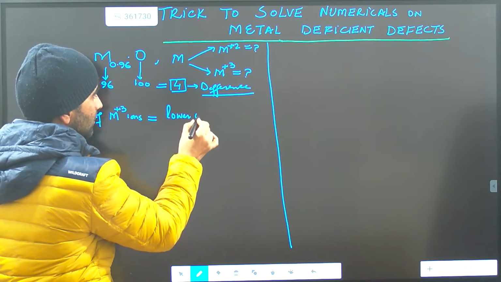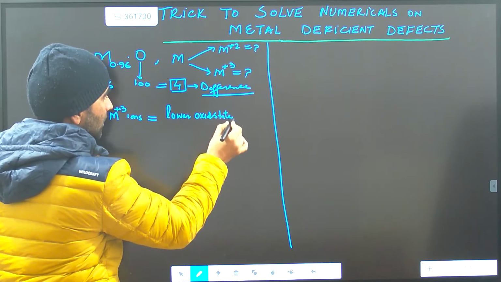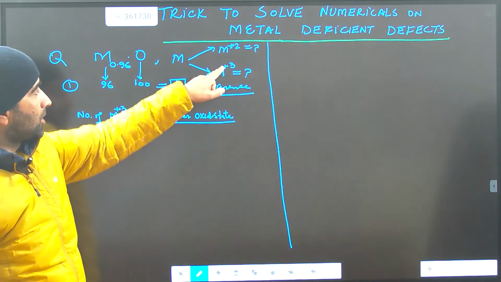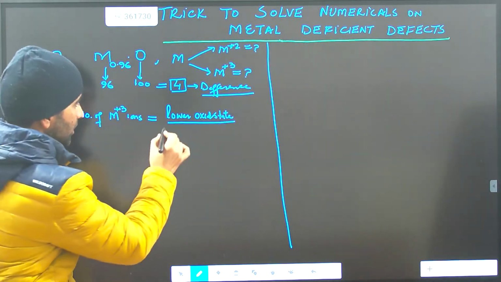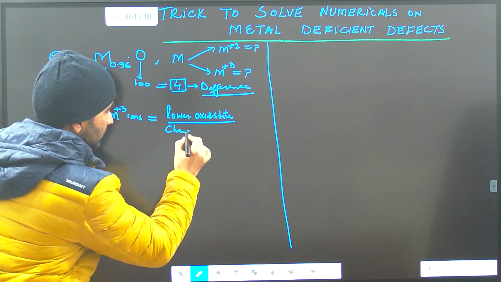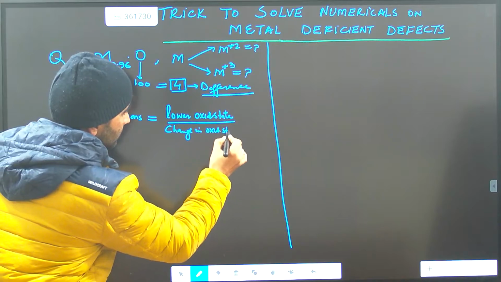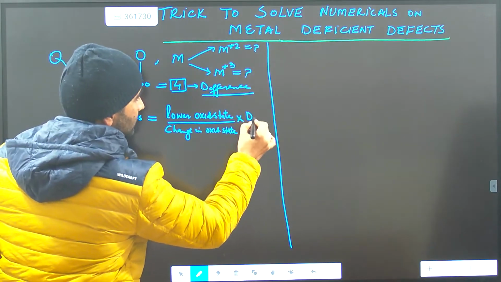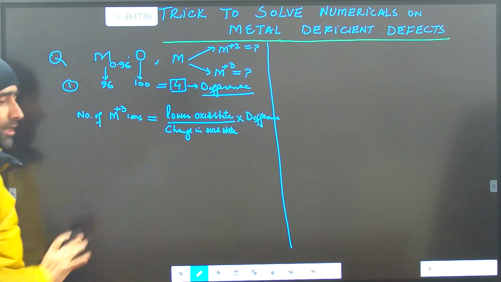Lower oxidation state divided by change in oxidation state, means oxidation state is 3 and 2. The change between them will be 3 minus 2, change in oxidation state, multiplied by this difference. This difference you have to multiply.